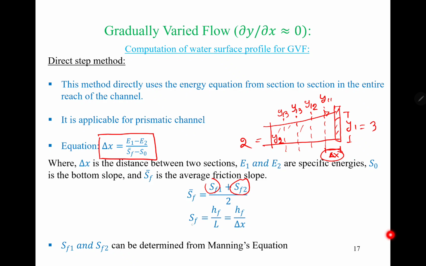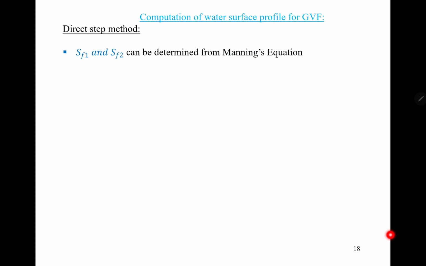In general S_f is h_f over delta x or L. Now the question is how to find this S_f or h_f. That's what we will discuss here. Basically, you can find that from Manning's equation.